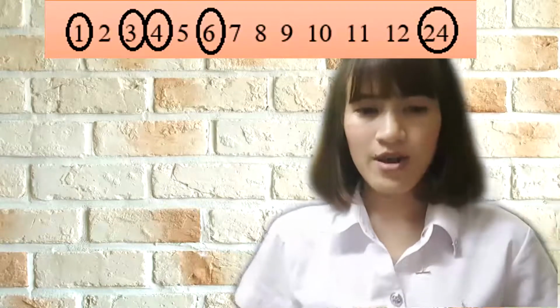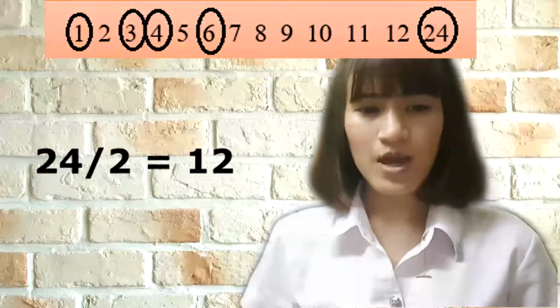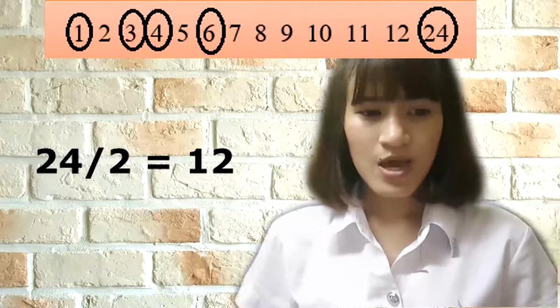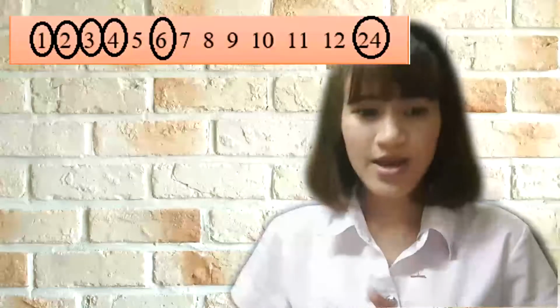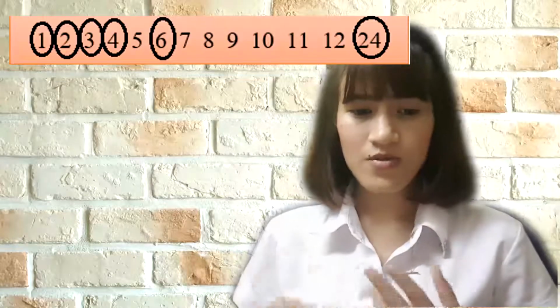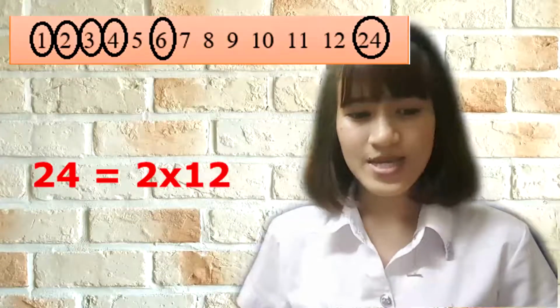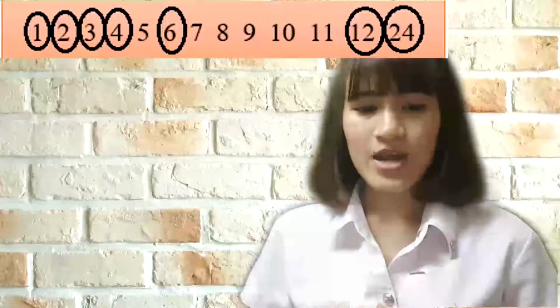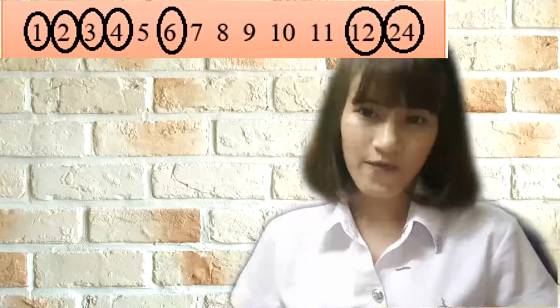Now let's move on and test 2. If we divide 24 by 2, we get 12. So yes, 2 is a factor because it divides evenly. You can factor 24 into 2 times 12. That means that we can also circle 12 as a factor of 24.